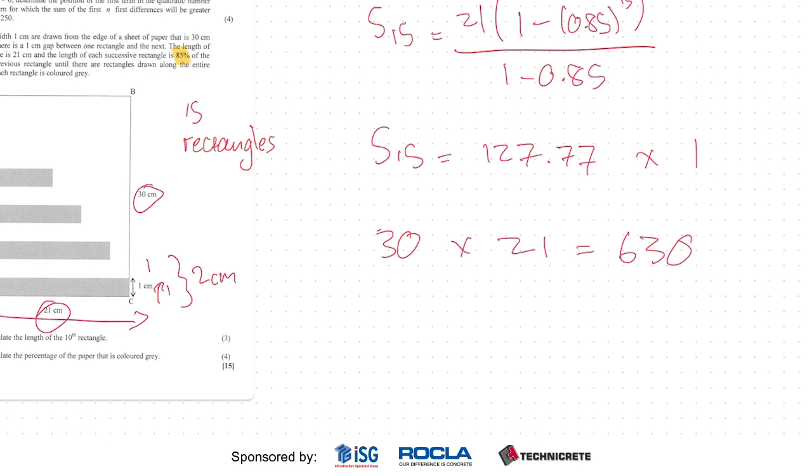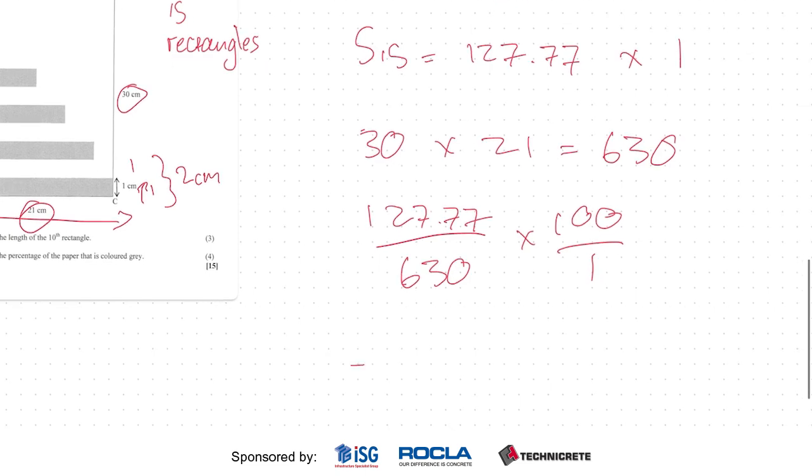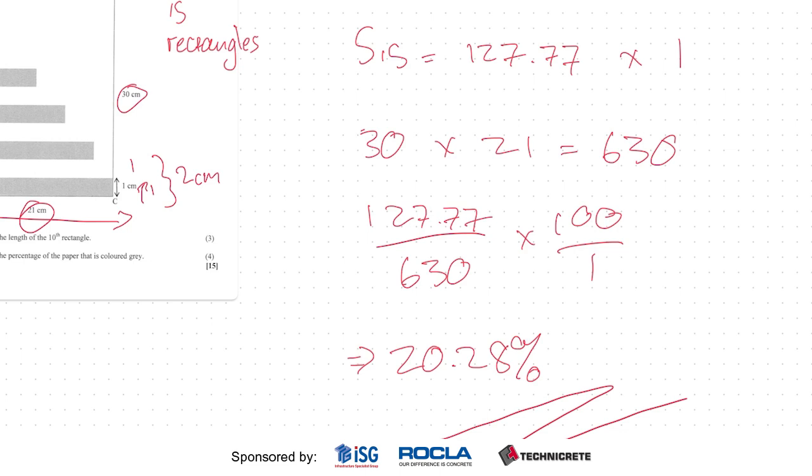Then we want to figure out the percentage of 127.77 over 630, and we should get 20.28%. Good. And that's our answer.